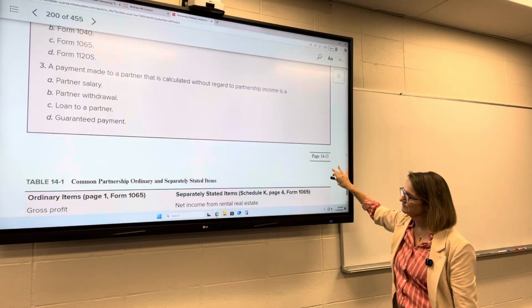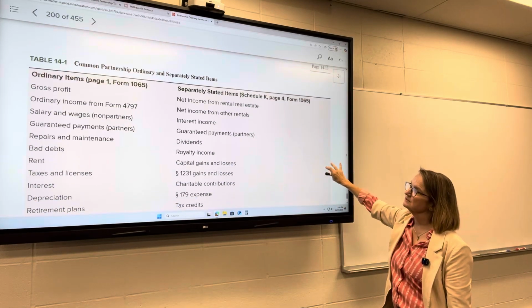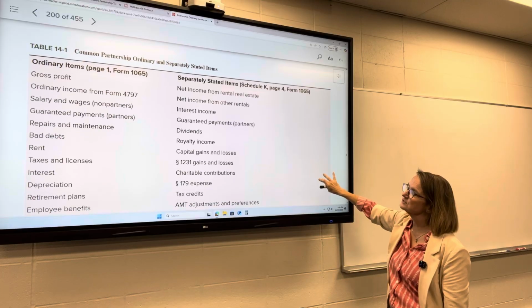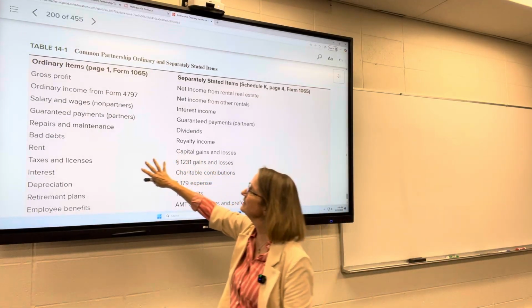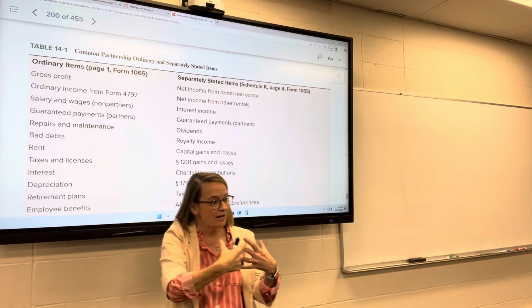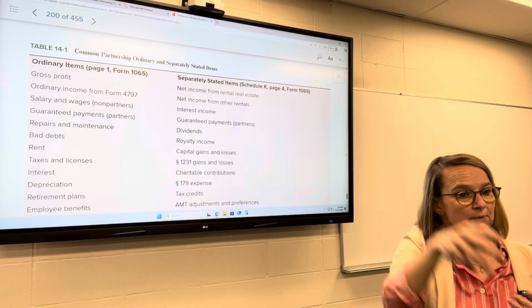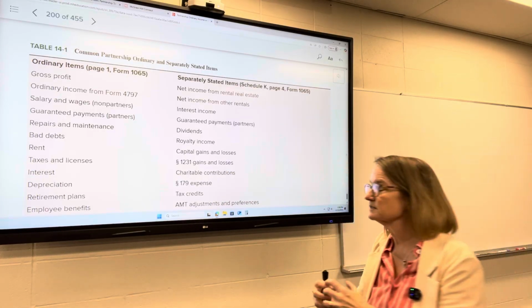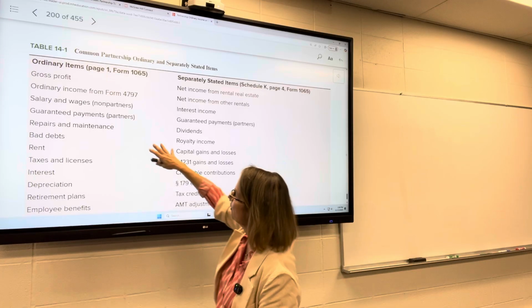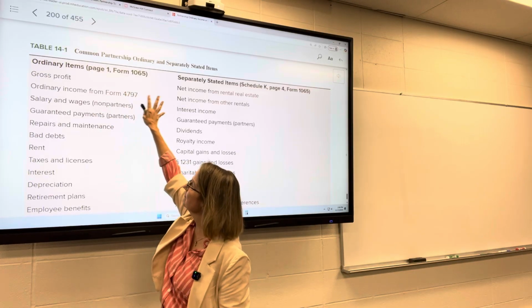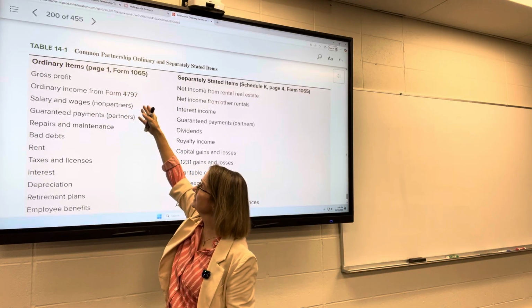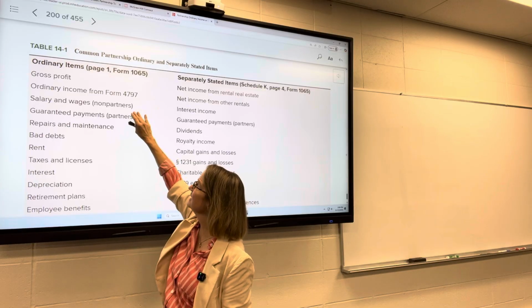All right. So here's just a list of ordinary items that feed into that ordinary income box, box 1 on the K-1, box 1 on the 1065. So we have our gross profit, minus also any other ordinary income from Form 4797.